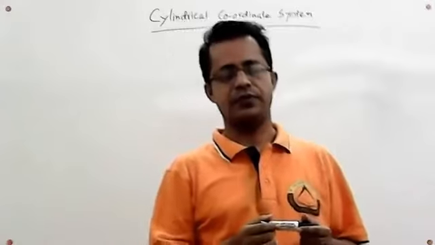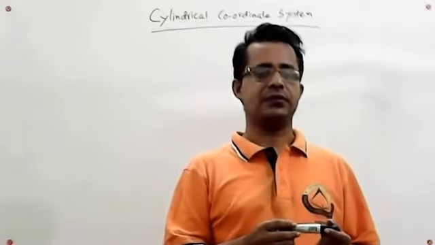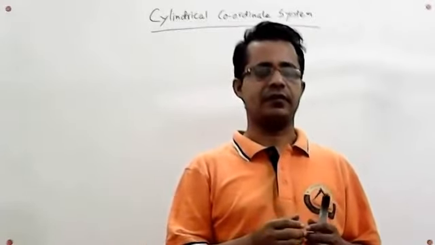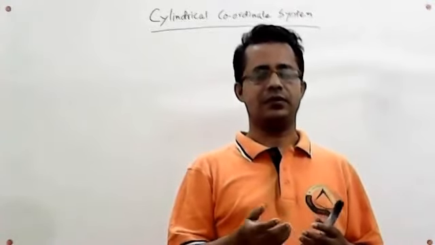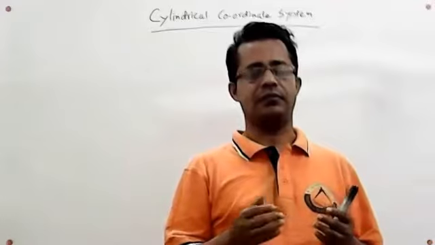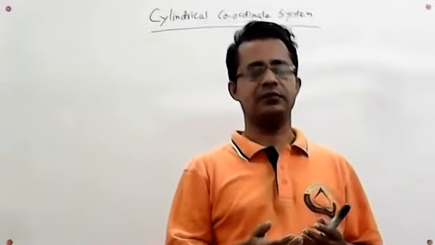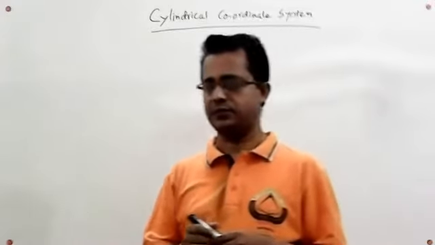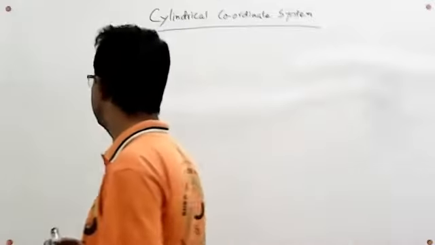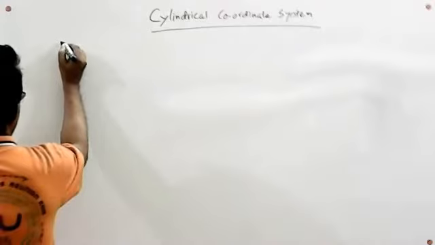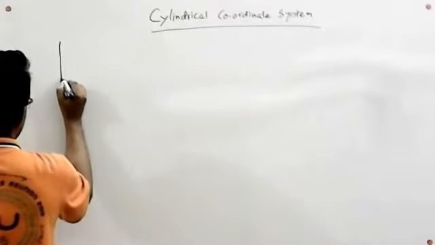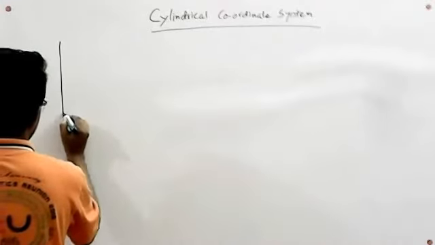So, before discussing this coordinate system, at first we again try to bring the Cartesian coordinate system in 3 dimension. We know that the Cartesian coordinate system in 3 dimensions looks like this.